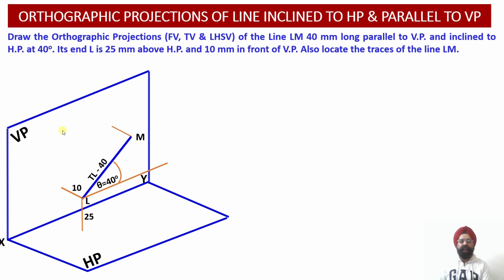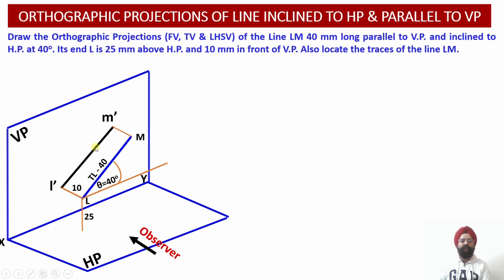Now whenever the observer is going to view this particular line LM from the front side, we are going to obtain the true length projections of this line in the front view projection. That is, the front view projections obtained on the vertical plane will reveal the true length projections of this particular line LM. Why? Because this line LM happens to be parallel to the vertical plane.